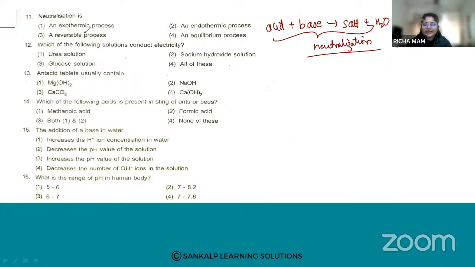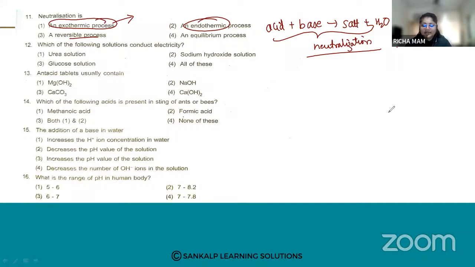Do you know what we mean by exothermic? An exothermic reaction is one where heat is released. Endothermic means heat is absorbed. Reversible means that at any time you can reverse the direction of the process.